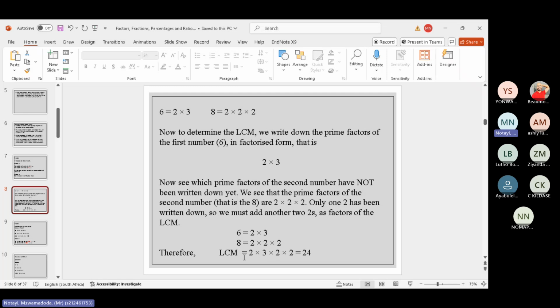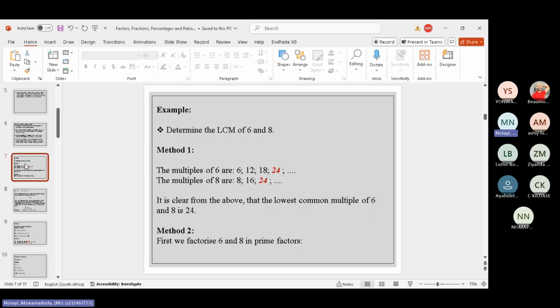So the LCM will be 2 times 3 times 2 times 2, which is equal to 24, which is the same as the one we got in the first method. In the first method we listed 6, 12, 18, 24, and 8, 16, 24. So we got the LCM as 24.